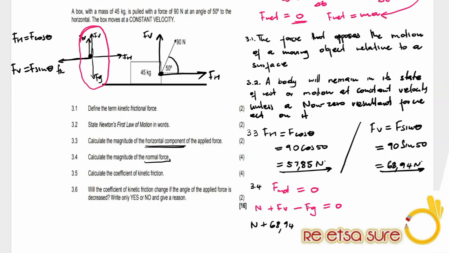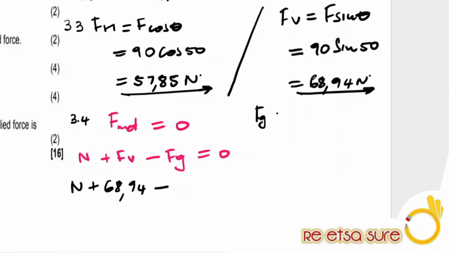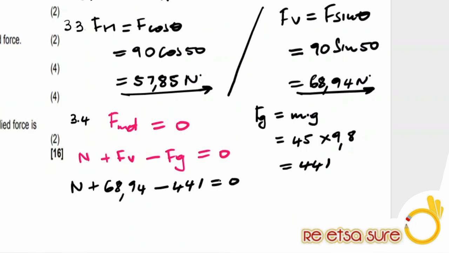So meaning N plus 68,94 minus my Fg. Let me just do it here. Fg is equal to M multiplied by G. Our mass in this situation is 45. So 45 multiplied by our G, which is 9,8, gives us 441. So here I have 441 is equal to 0.